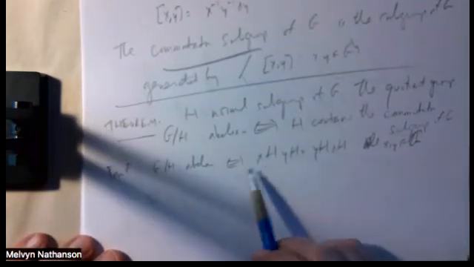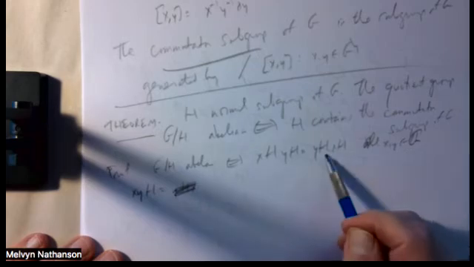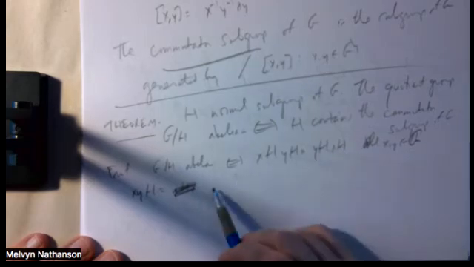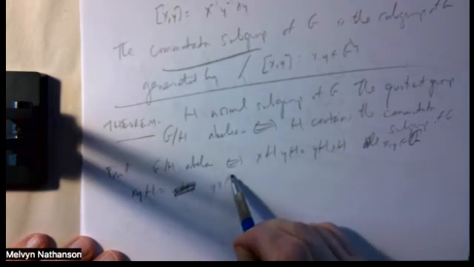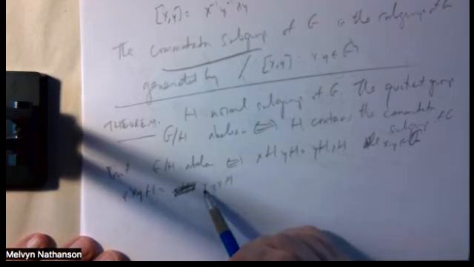This is the same as saying XH times YH is XYH equals YH times XH is YXH. Multiplied by Y inverse, multiplied by X inverse.